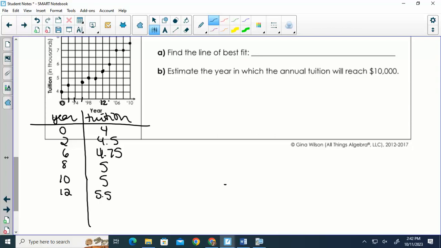Here's 14 and 6. 16, 7. 18, still at 7, and the final one, 20, is at 7.5.